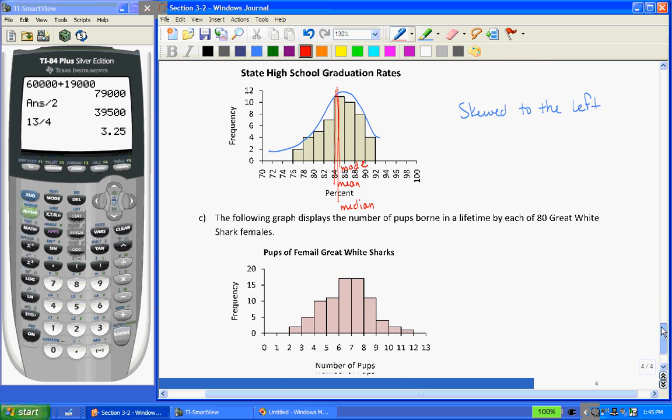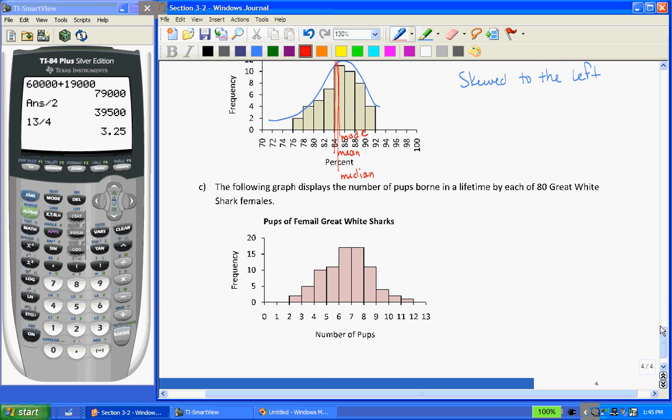And finally, this graph displays the number of pups born in a lifetime by each of 80 great white shark females. This data is rather symmetric. It might not be perfectly symmetric, but it's roughly symmetric. How it looks on the left is almost the same as how it looks on the right.